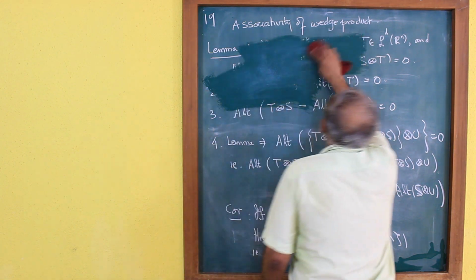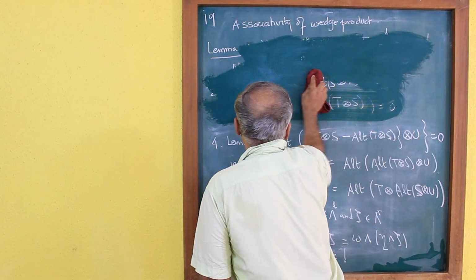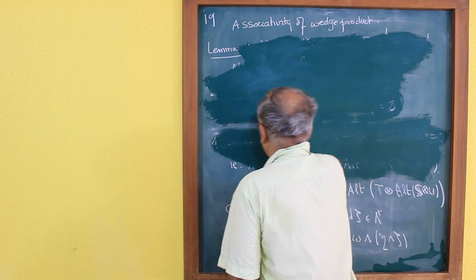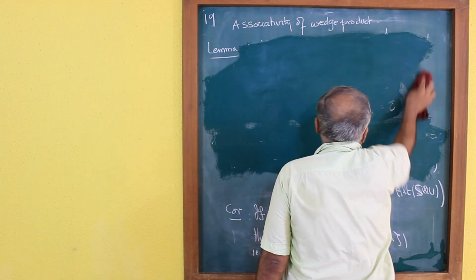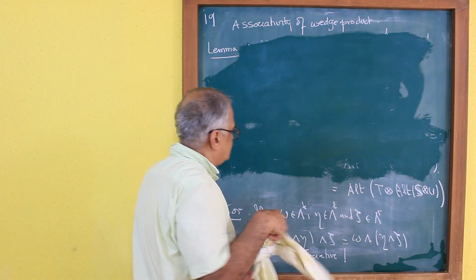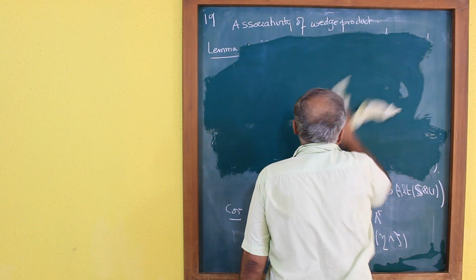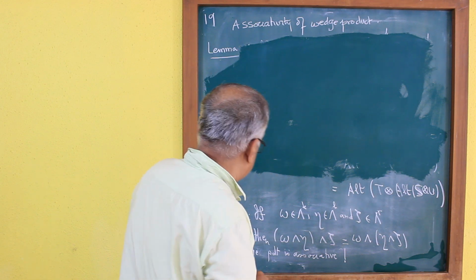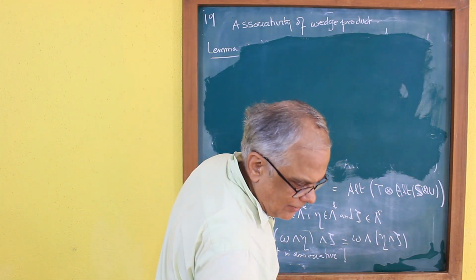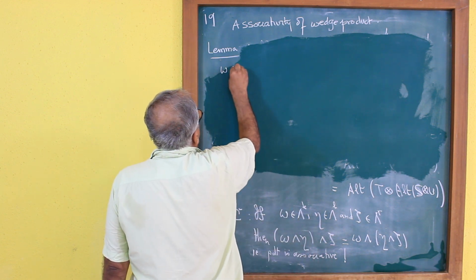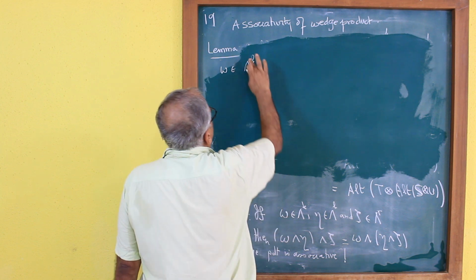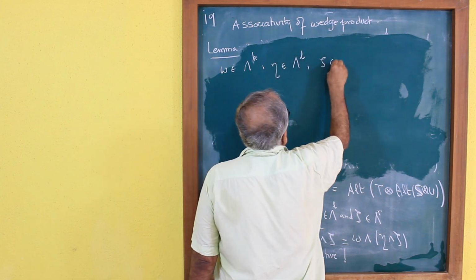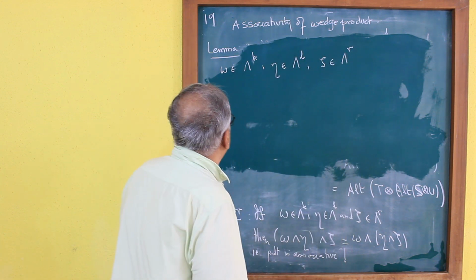So, if omega is in lambda K, eta is in lambda L, zeta is in lambda R. That's the way I have it.